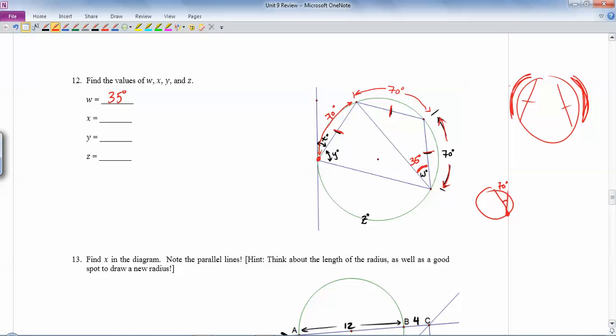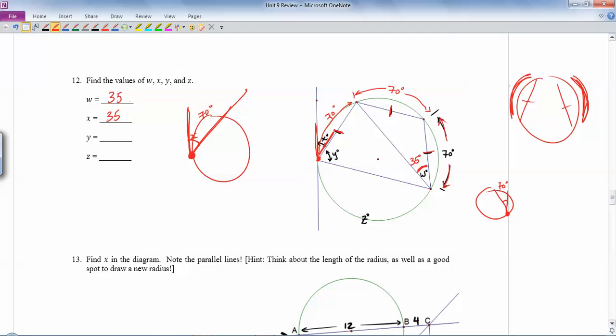X is right here. And if we drew X by itself, it's formed by a tangent and a secant. So here's X. And the arc that it carves out is 70. And since the corner is on the circle, we treat it just like an inscribed angle. So the X is going to be half of 70. So X is also going to be 35.